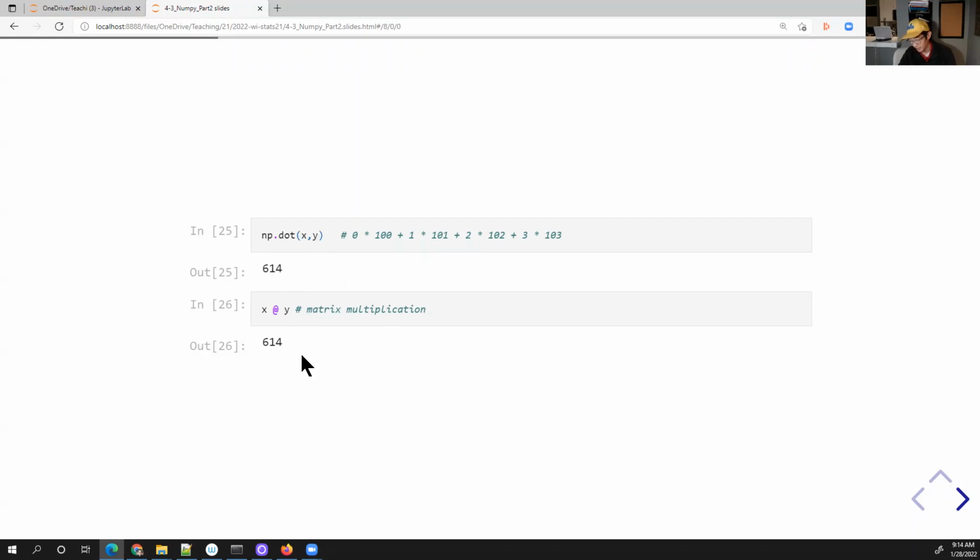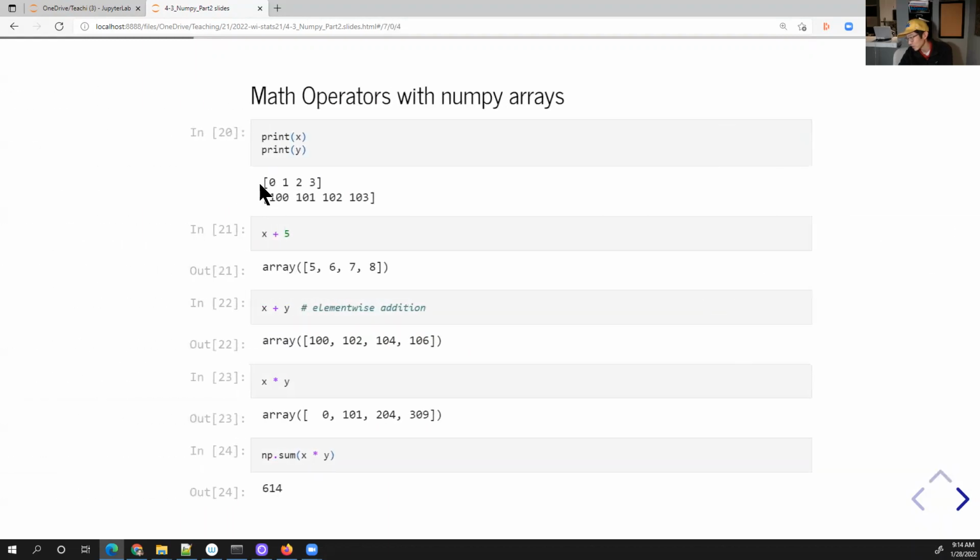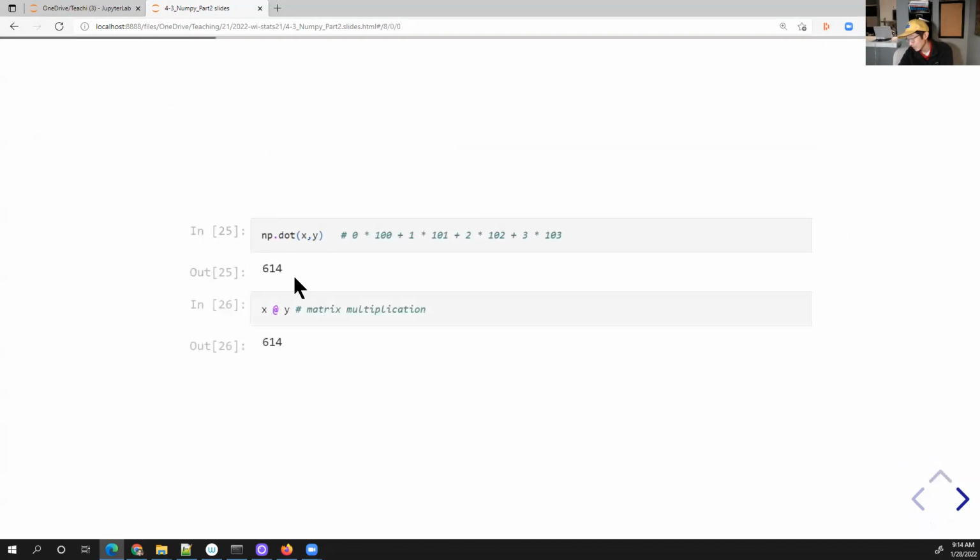We're getting 614 when we do 0, 1, 2, 3 dotted with 100, 101, 102, 103. This is doing it manually, and we also got np.dot, and x at y also yields 614.